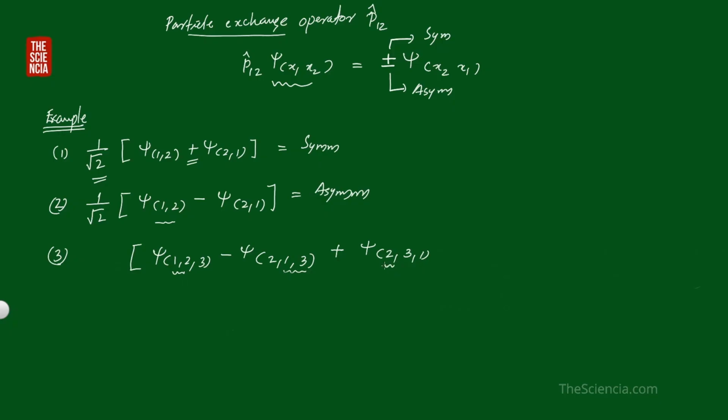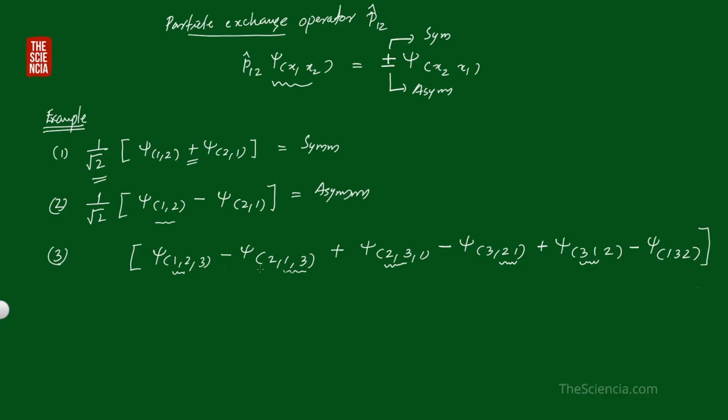Now we are operating the particle exchange operator on these two. So we will get minus psi 3, 2, 1. Now we are operating the exchange operator on these two particles, that is plus psi 3, 1, 2. Then operating on these two, then minus psi 1, 3, 2.